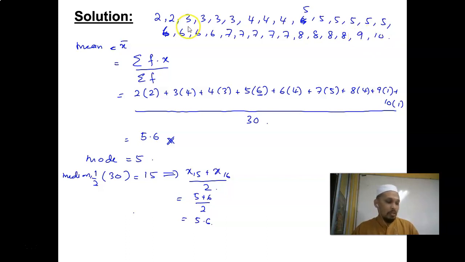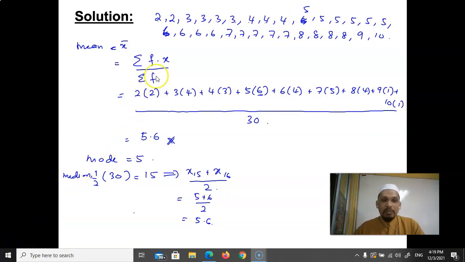So there are 30 students according to the question. For X15 and X16, we count again.